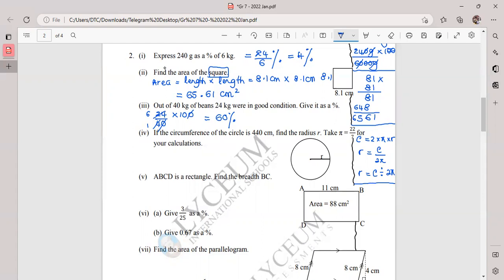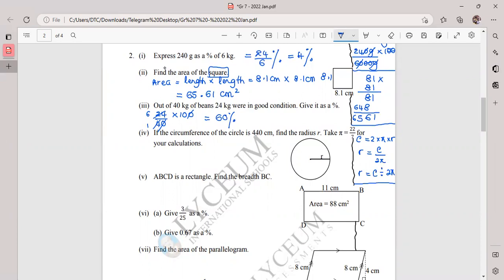or 3.14, right? In that case, you can use the fractional method, that is C over 2 pi as it is. But by any chance, like this question, if they have given the pi value 22 over 7, children, it's better to write the formula R equals C divided by 2 pi with the division symbol.